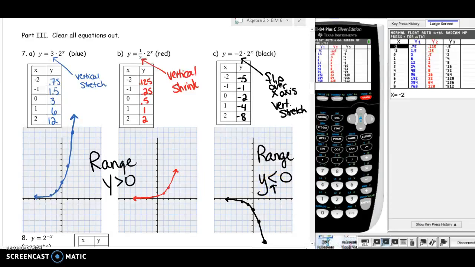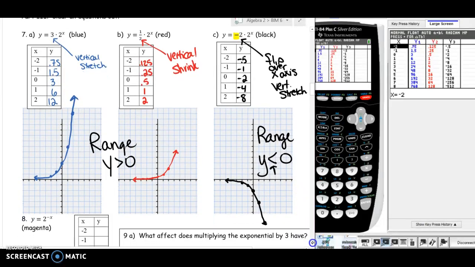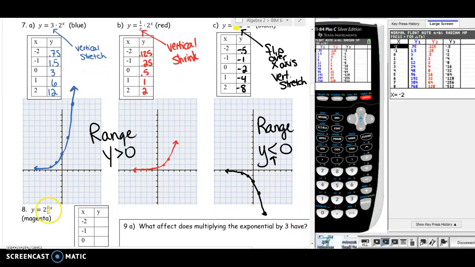So if the graph is above the asymptote, its y is greater than the asymptote. If the graph is below the asymptote, its y is less than the asymptote. What do you suppose in 8 the negative in the exponent is going to do? What's the difference between a negative being in front and flipping over the x-axis or the negative being with the x?